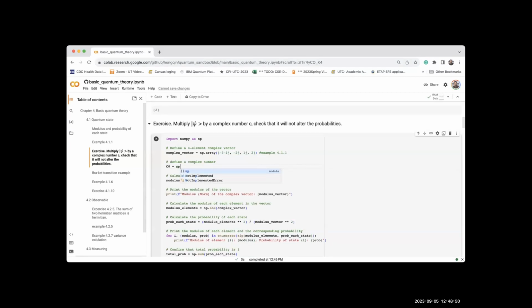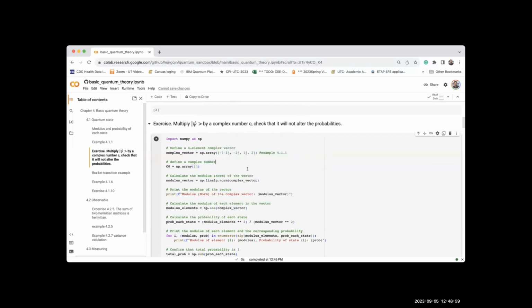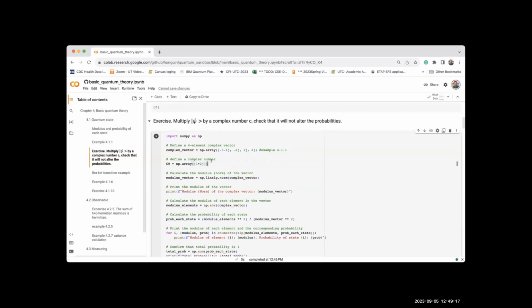I just put the one value. You already have your complex vector, just use that. No, you have to put a one. Okay. Let's say 1 plus 2j.